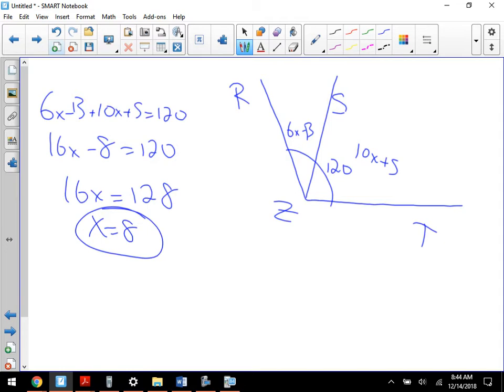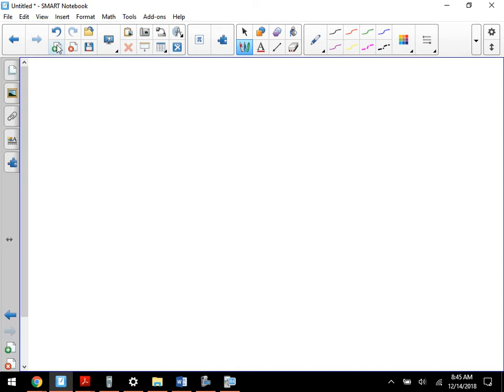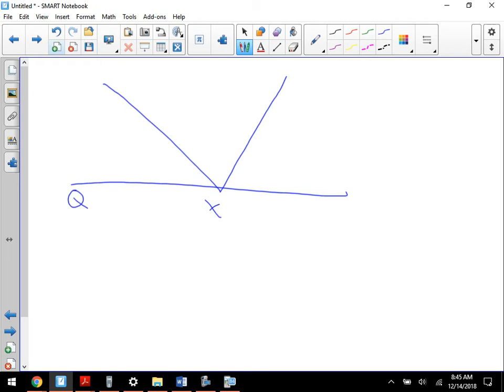Find the measure of QXR if XS bisects RXT, and QXR is that, RXS is the other. You bisect an angle, what do you do to it? Correct. So here's Q, X, T. So XS bisects RXT.